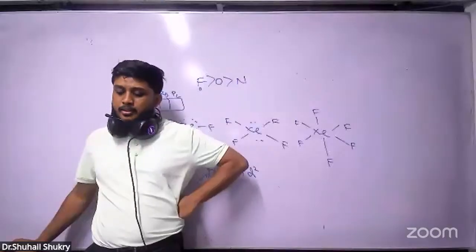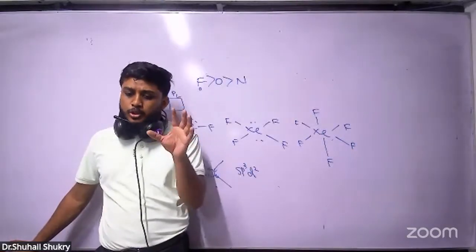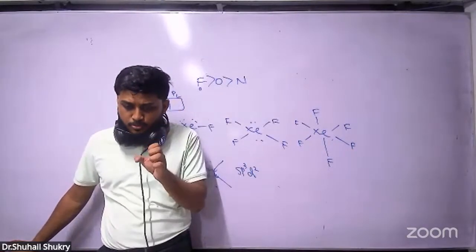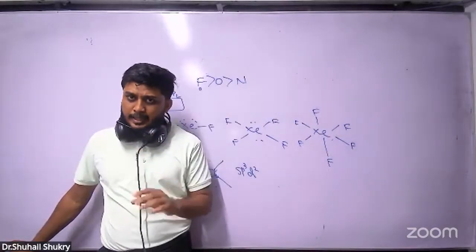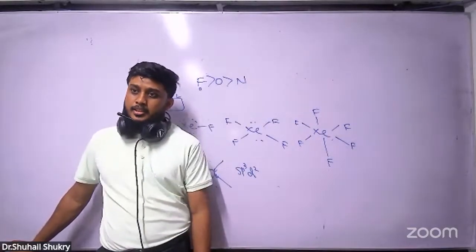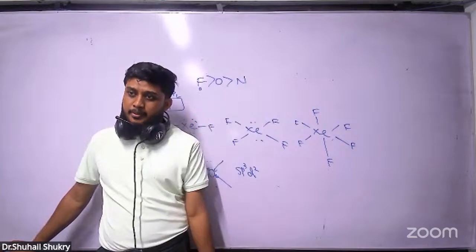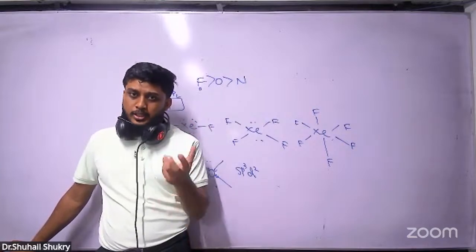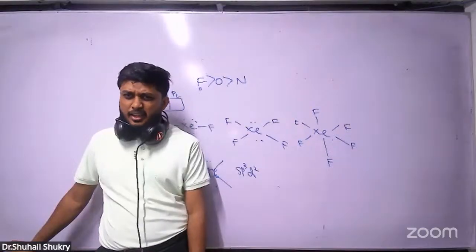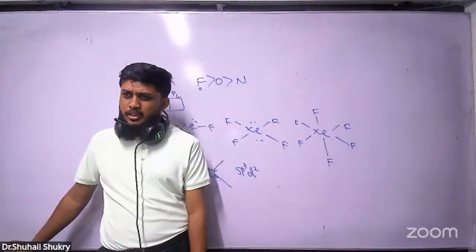That is enough, right? But although HF is the strongest hydrogen bond, HF is the weakest acid in the halide family. From all the hydrogen halides.